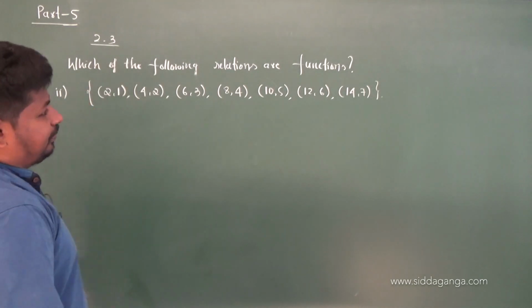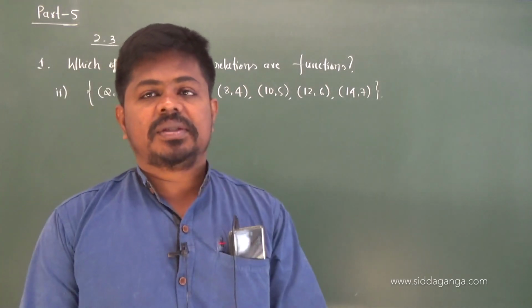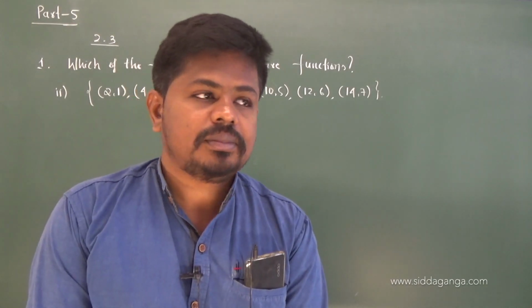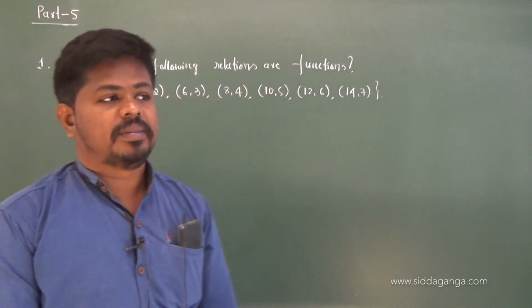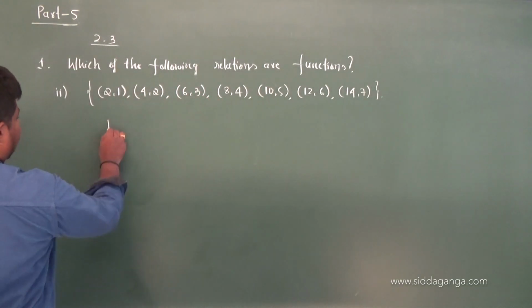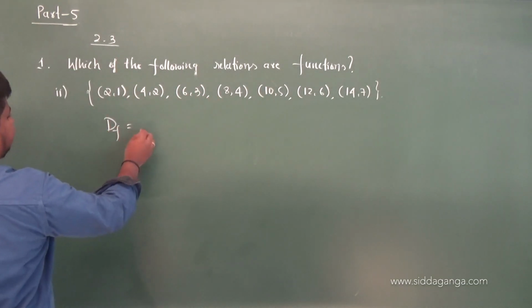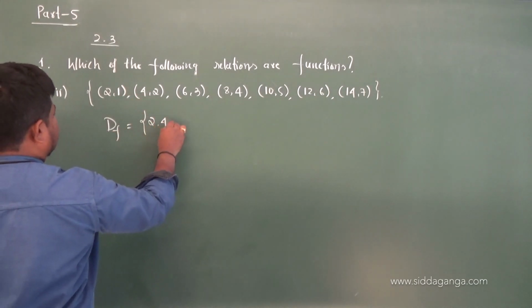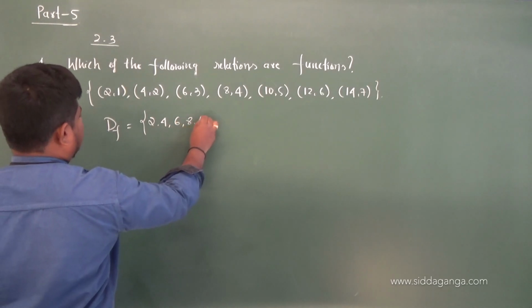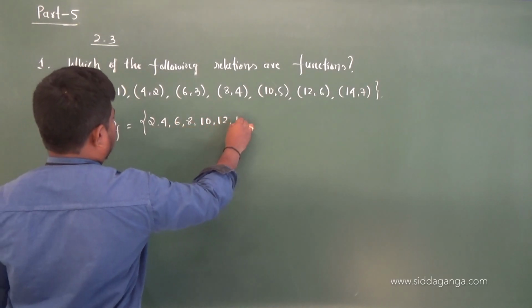Reason is what? You write, yes, it's a function because no two different ordered pairs have the same first element. So domain of the function is set of all first elements: 2, 4, 6, 8, 10, 12, 14.